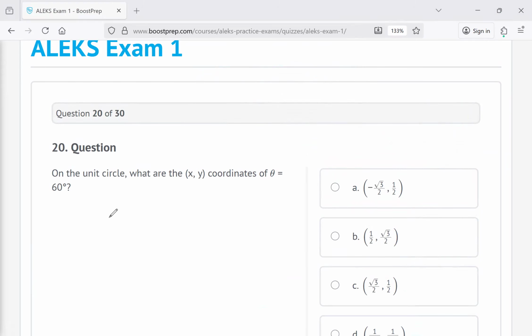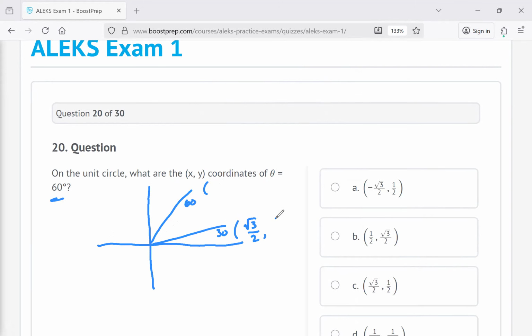Okay, question 20. On the unit circle, what is the x comma y coordinate of 60 degrees? So this is something you need to know. In your unit circle, locate where 60 degrees is. 60 degrees is about here. This is how I remember it. I know that 30 degrees right here has an x coordinate radical 3 over 2 and a y coordinate 1/2. 60 degrees is always the opposite of 30.